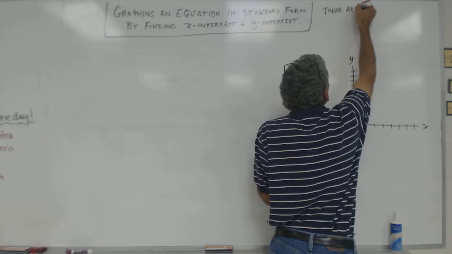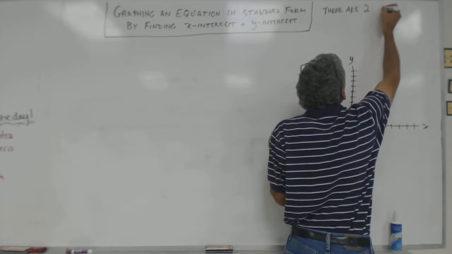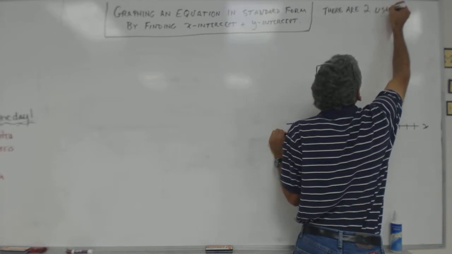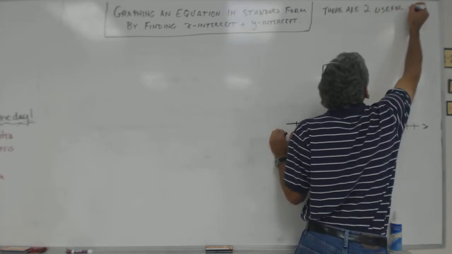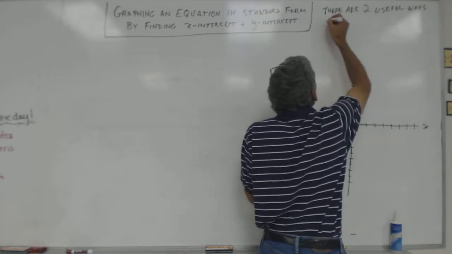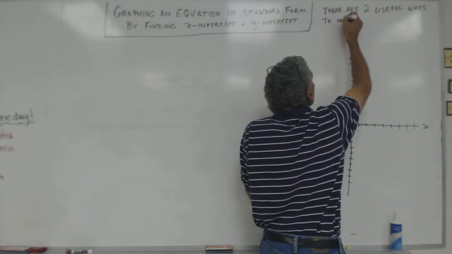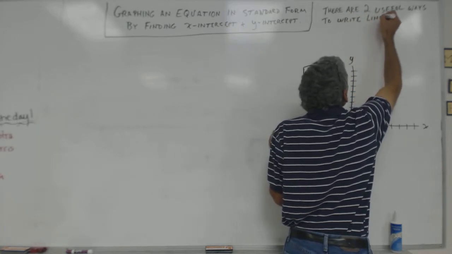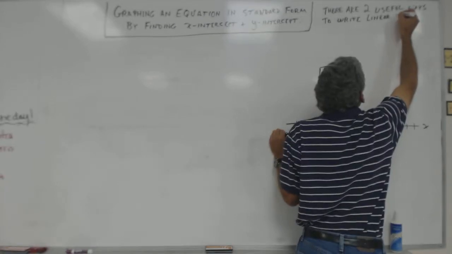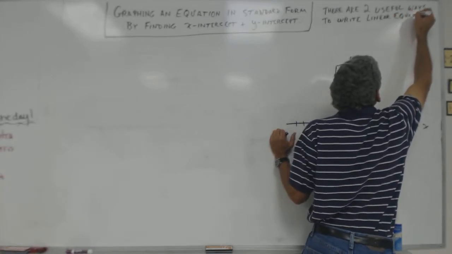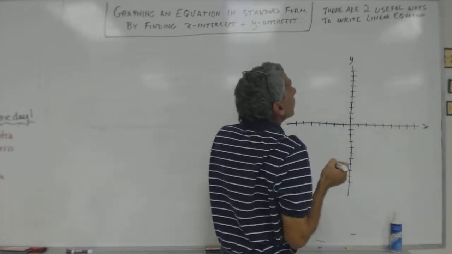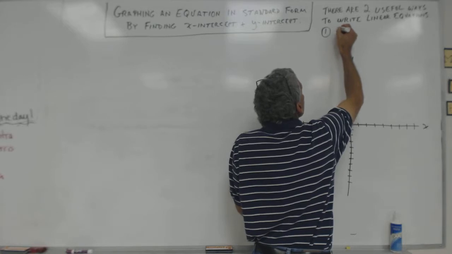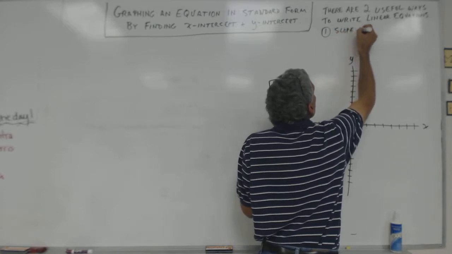There are two useful ways to write linear equations. Linear means straight line, okay? It doesn't mean any kind of a line, it means a straight line. Two ways. Number one is slope-intercept.